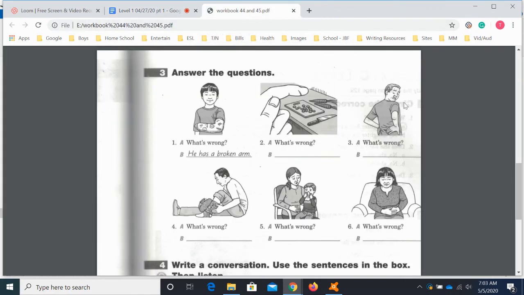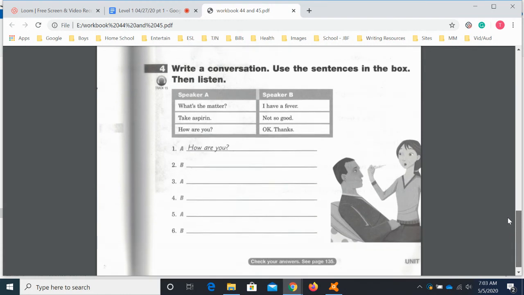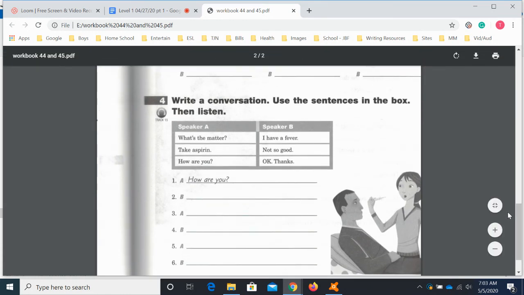All right, and let's look at exercise 4. In exercise 4, we see a conversation. And it says, write a conversation, use the sentences in the box. Then listen. And you can just listen to me. Let's go through the box.